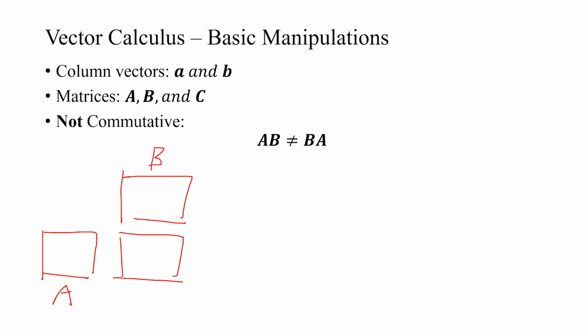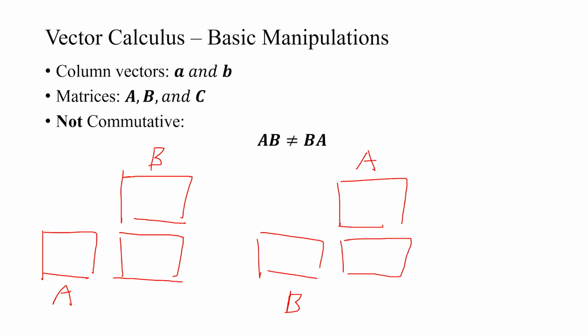But if we use B times A, we get another matrix. This matrix is not equal to the other matrix, because you can see this value will be the row of A and the column of B with element-wise multiplication, but this value will be the row of B and the column of A in the first entry. So that will not be equal. So it does not have the commutative property.